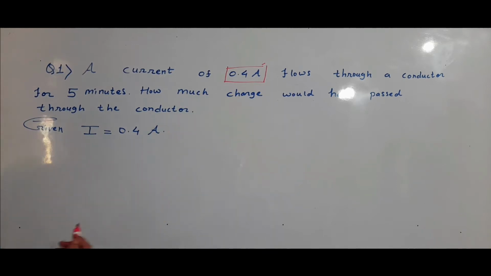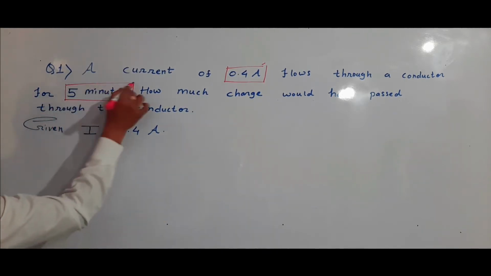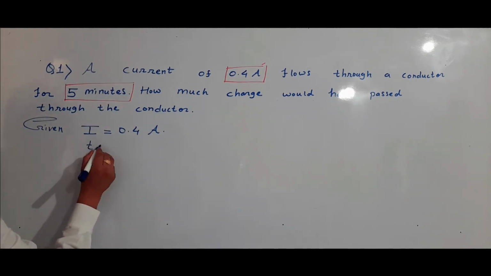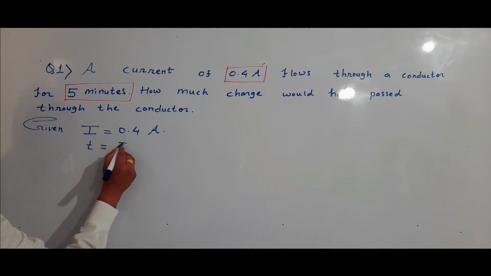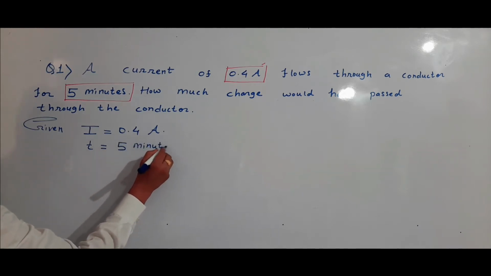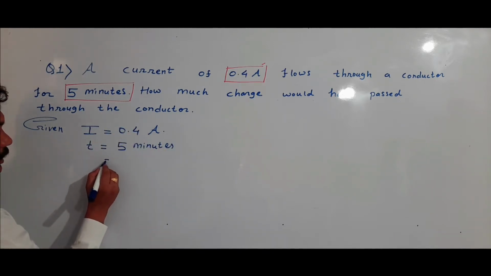The second value which is given is 5 minutes. Minutes means time. T is equal to 5 minutes. These minutes we have to convert into second.